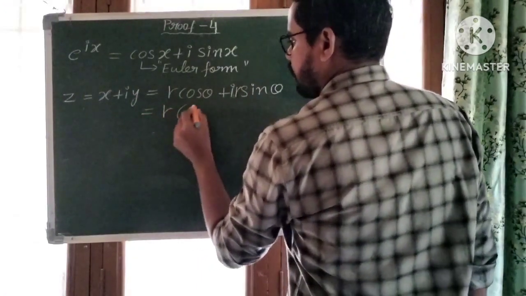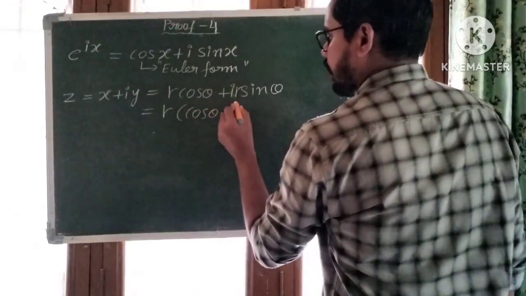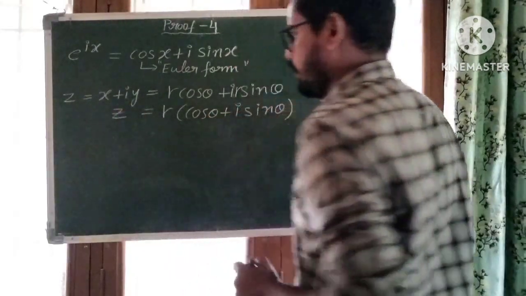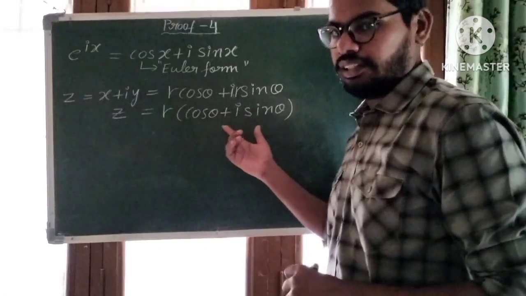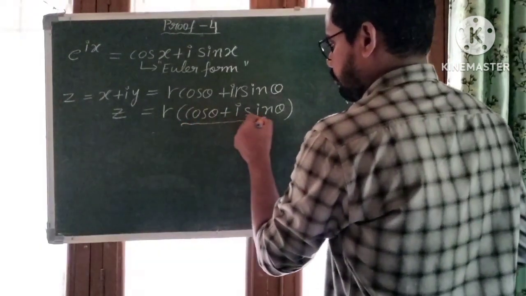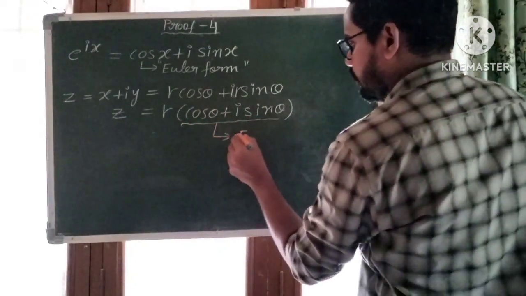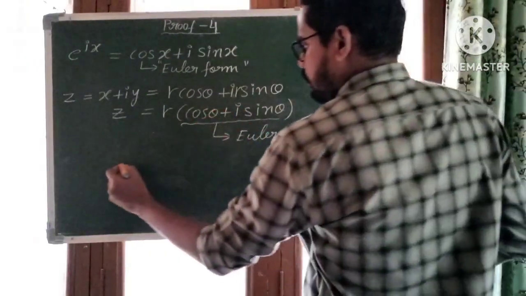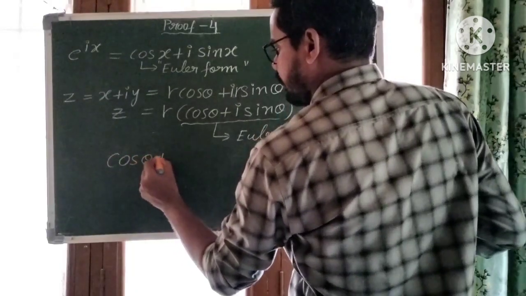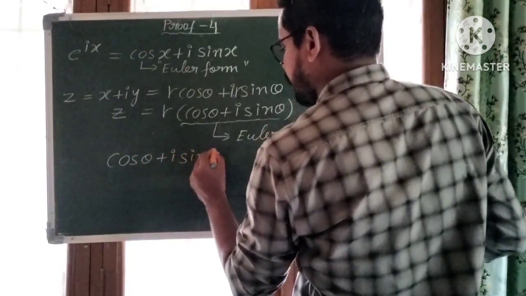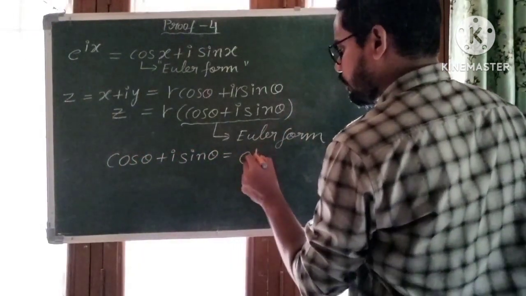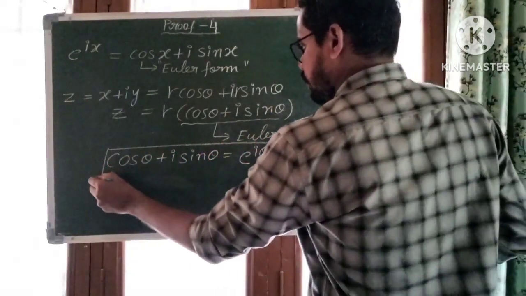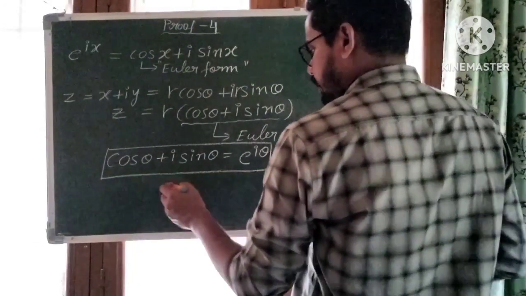Here r is common, so z is equal to r into cos theta plus i sin theta. This form is known as Euler form, where cos theta plus i sin theta is equal to e power i theta.